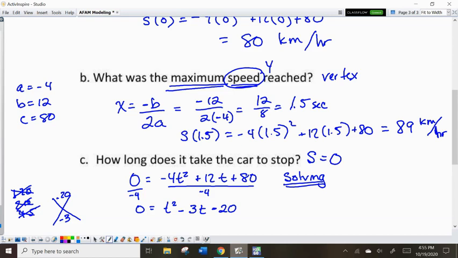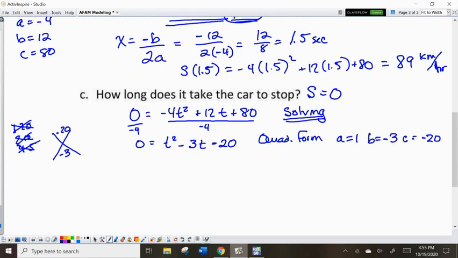So since we can't factor this, we're going to use the quadratic formula, where a is 1, b is -3, and c is -20. Now, you could also use the quadratic formula with the coefficients that were in the original equation, which were -4, +12, and +80, and you would get the same result. So that's not going to matter as we simplify.